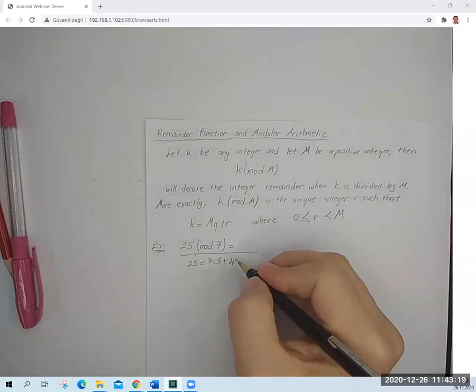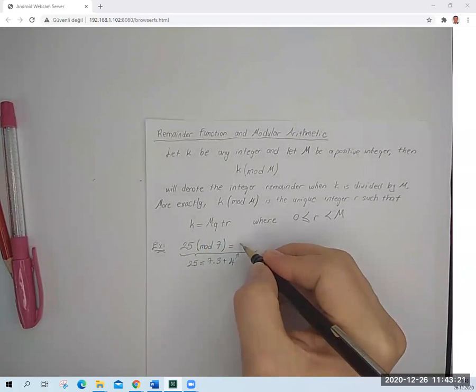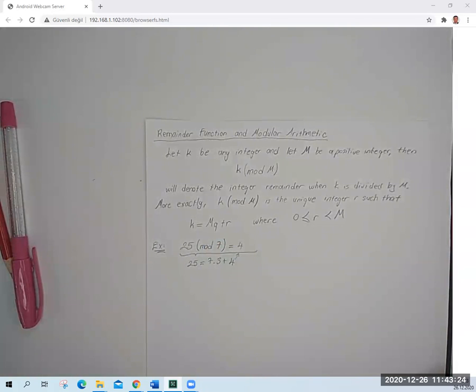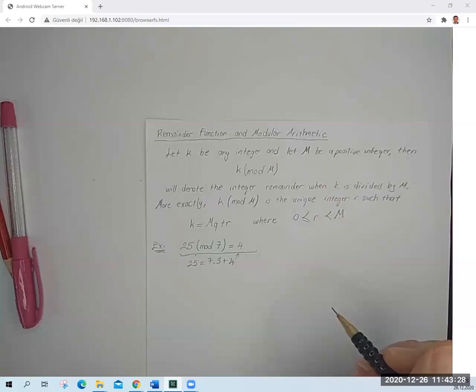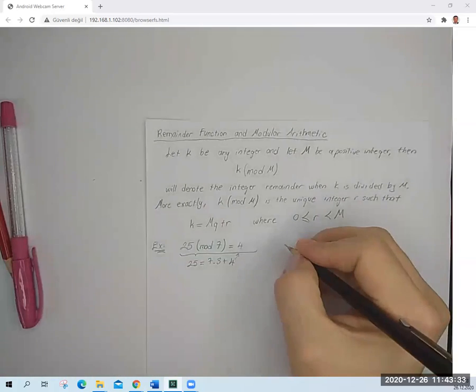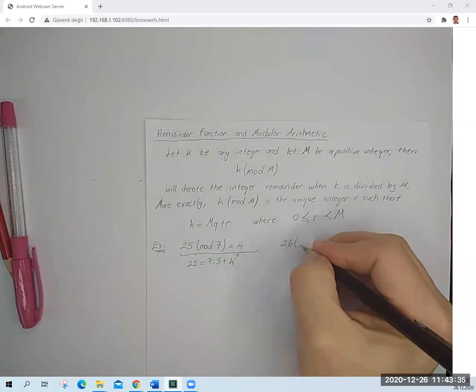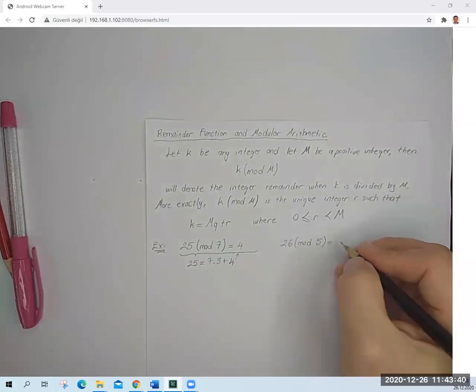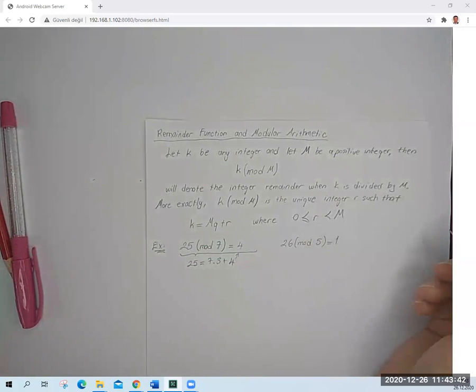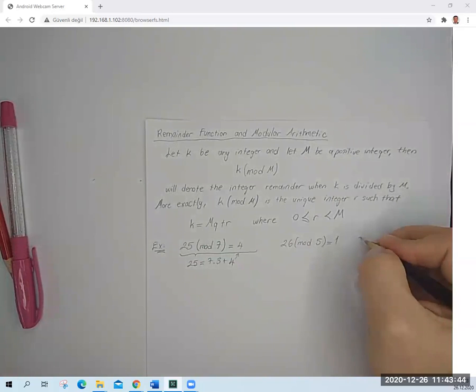And then we will write 4 here. So this is the remainder side of that equality. Another example, 26 modulo 5 is equal to 1. This is easy for you, I'm sure. And 35 modulo 11, of course this is going to be 2.